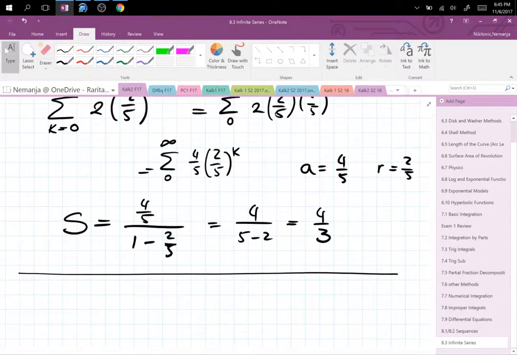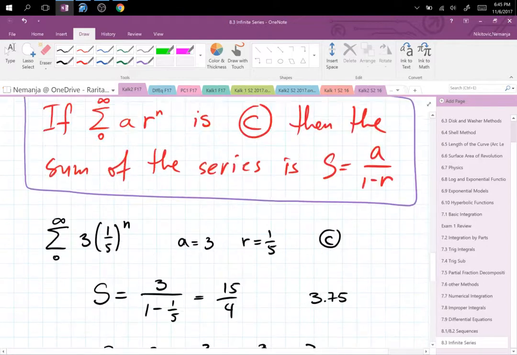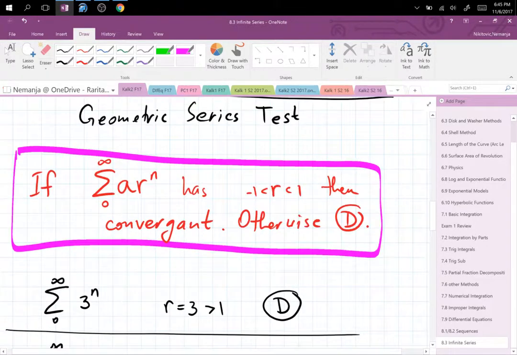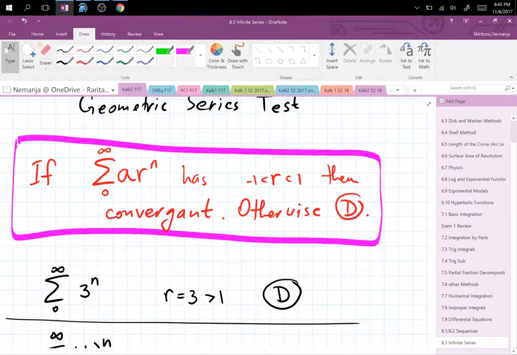So we're done with geometric series, guys. That's it. The first thing you remember is the form, and R needs to be between -1 and 1. It's convergent. If it's less than -1 or more than 1 or 1, then it's divergent.